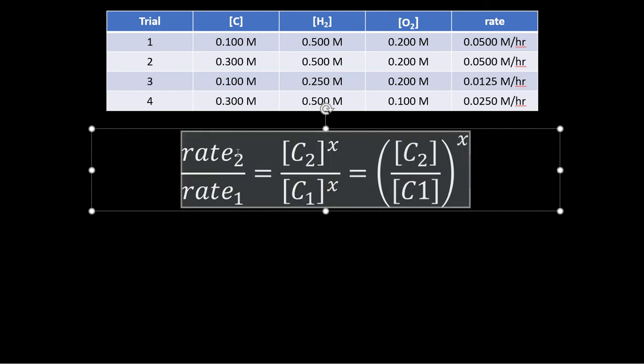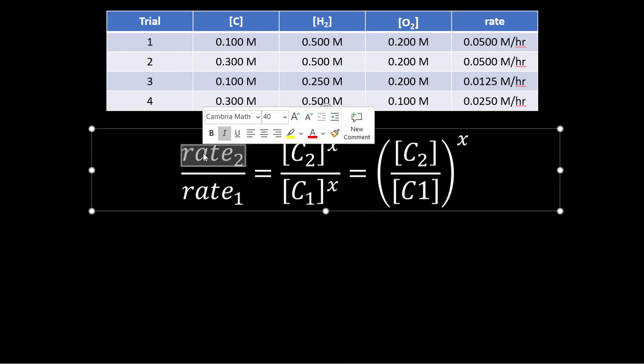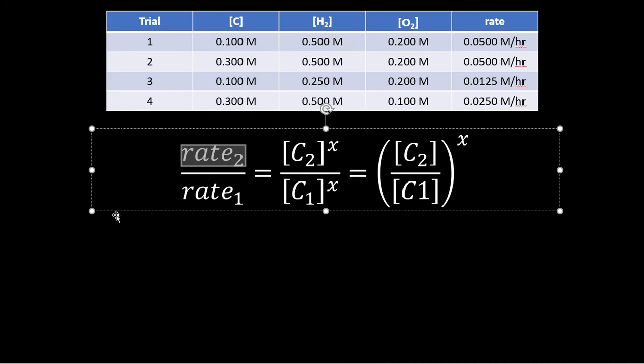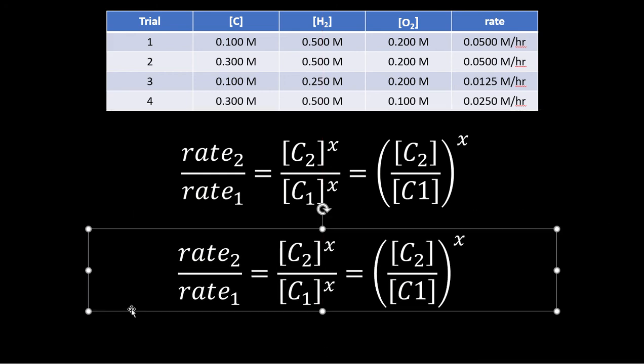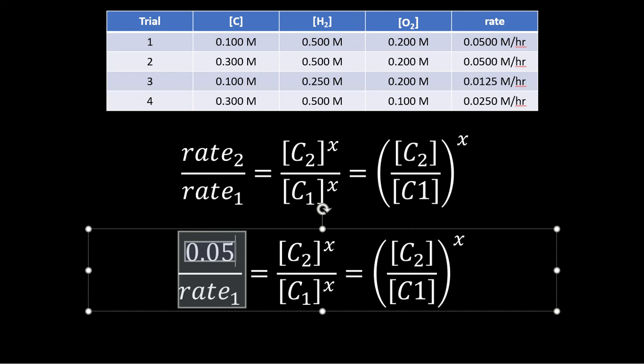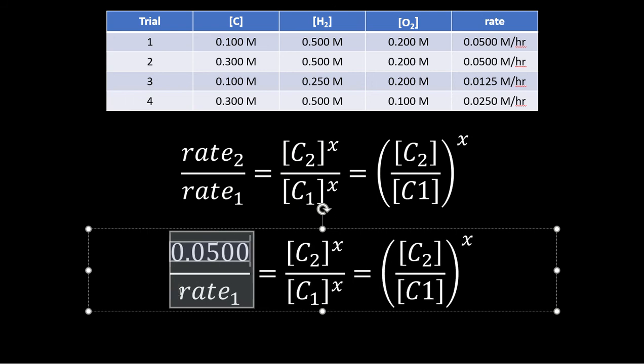The rate in trial 2 is 0.05 molars per hour, and we're going to divide it by the rate in trial 1, which also happens to be 0.0500 molars per hour.